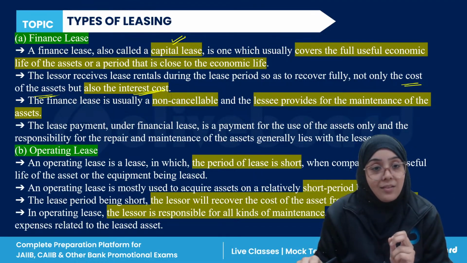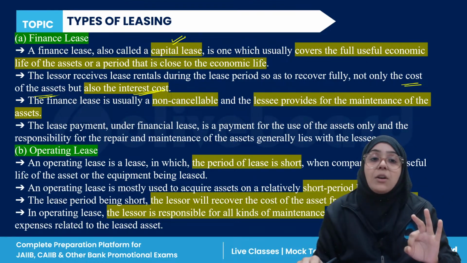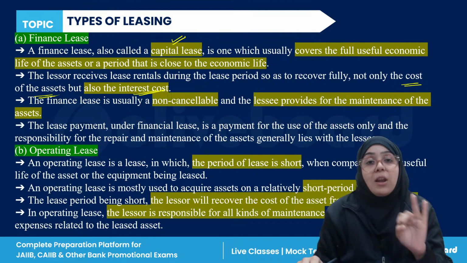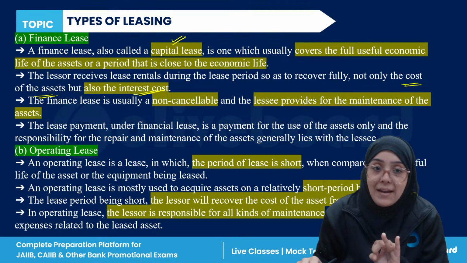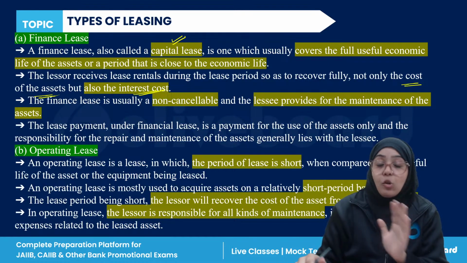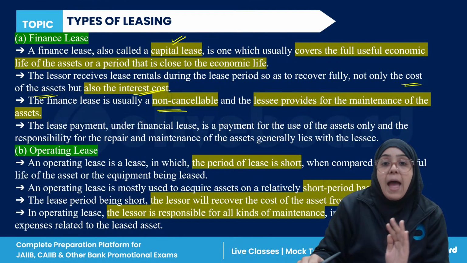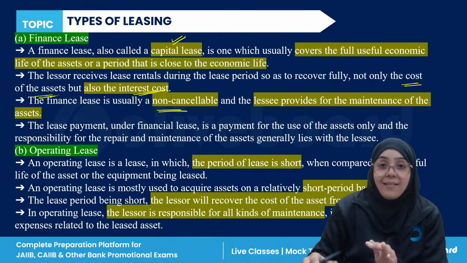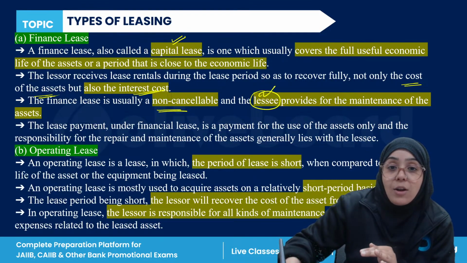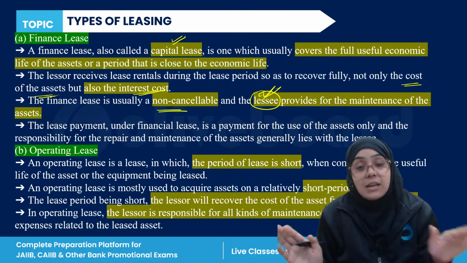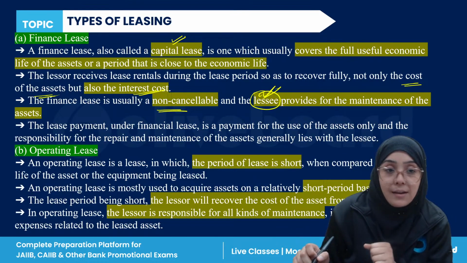Now, finance leases are usually non-cancelable because they cover the whole economic life. The maintenance for that asset lies with the lessee, the one who is using that asset, because they are acquiring the asset for its complete economic life. Clear?